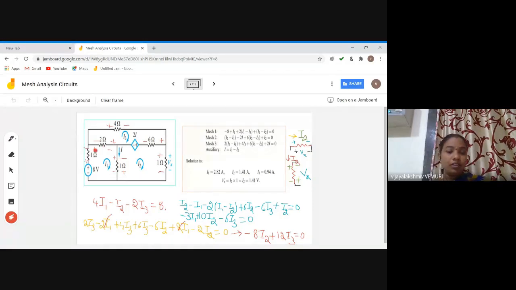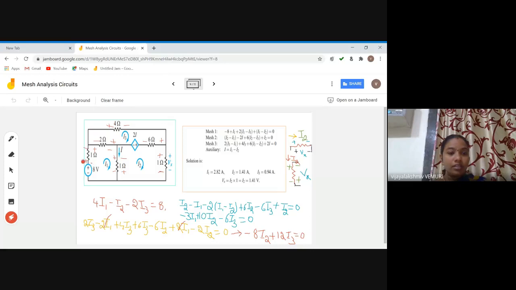You just observe here. See how I have taken the sign conventions according to my mesh currents. I have started here, and go like this, minus 8. Since this current I1 is flowing in this direction, it enters the 1 ohm resistor.